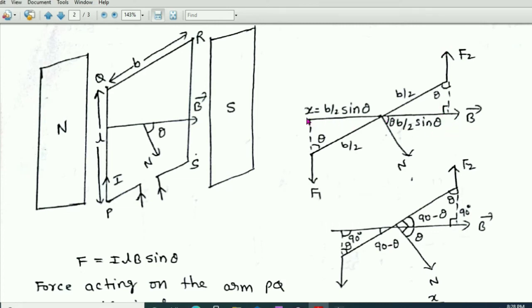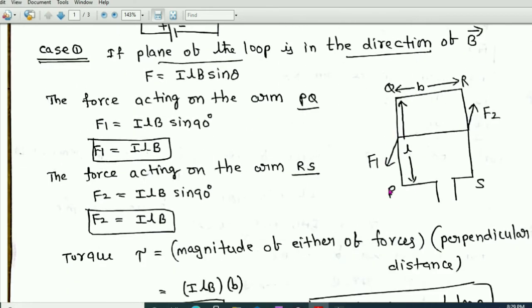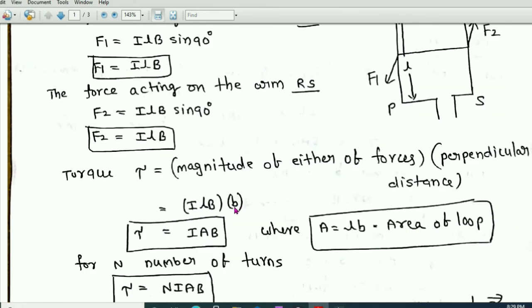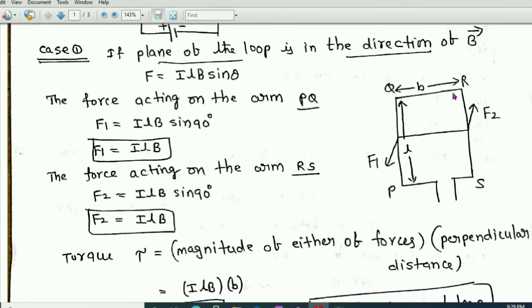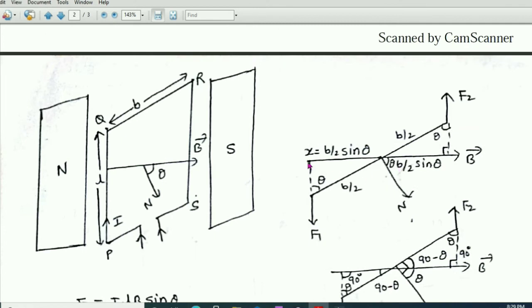In the previous case, the perpendicular distance we have taken is B because it is in the plane of the magnetic field. The perpendicular distance between the two forces is B only. But now the plane is making an angle with the magnetic field. So that's why the perpendicular distance is not B in this case. The perpendicular distance is as shown in the figure.